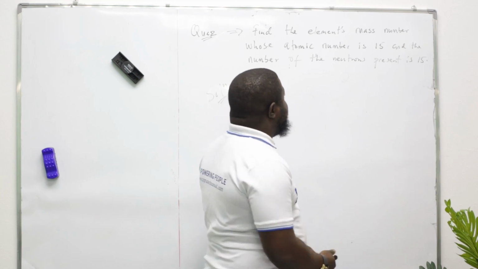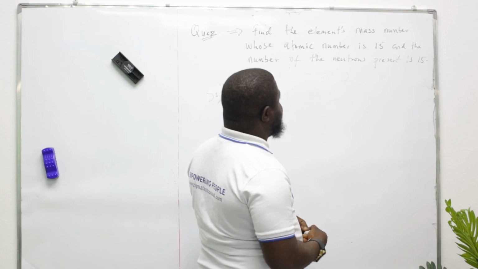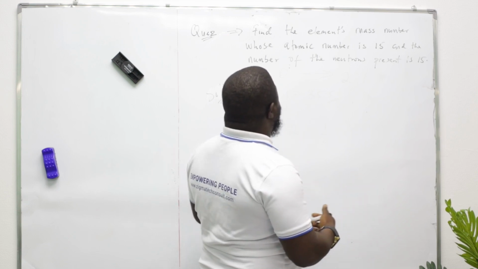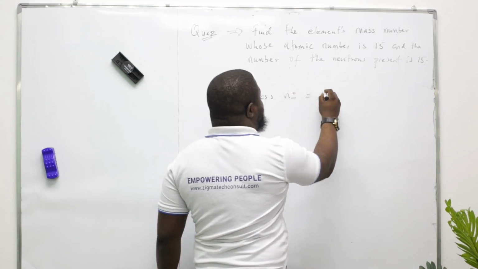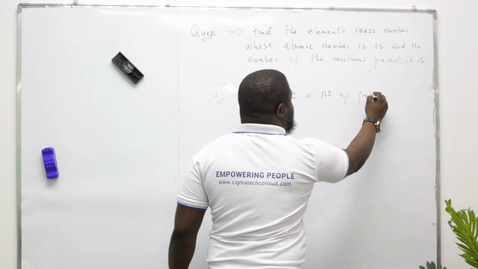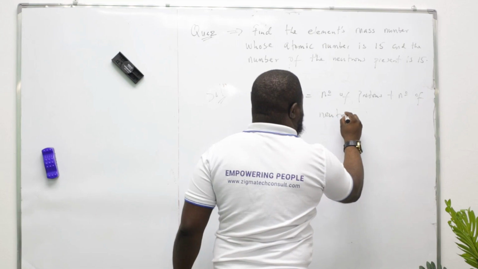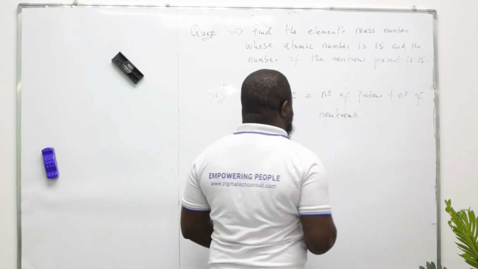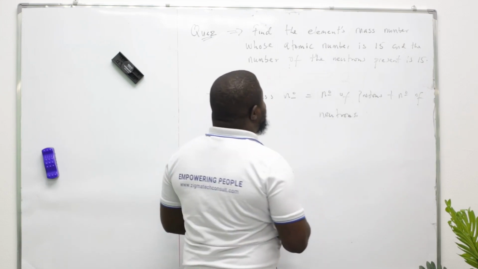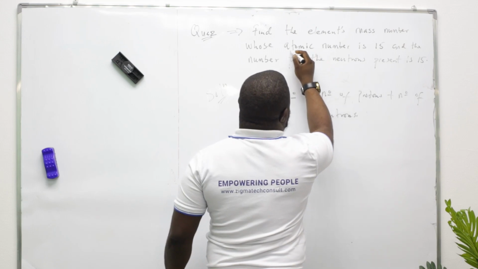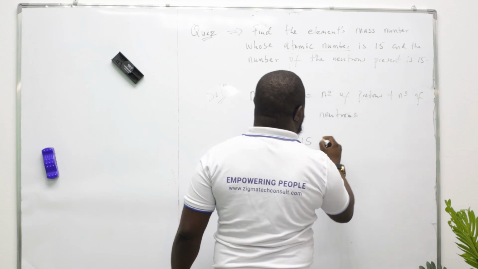So it's very simple. They say the atomic number is 15, and the number of neutrons present is 15. Mass number is equal to the number of protons plus the number of neutrons. The atomic number, like I said, is the number of protons. So the number of protons is 15, and the number of neutrons is 15.